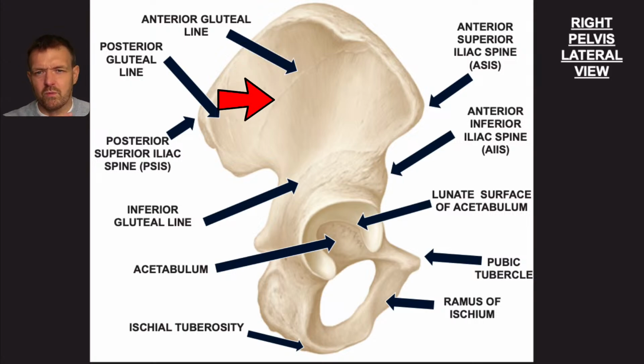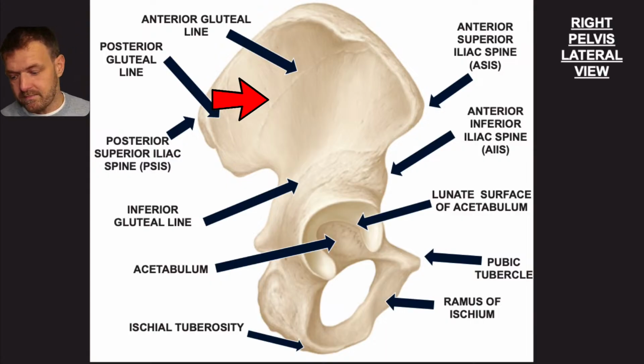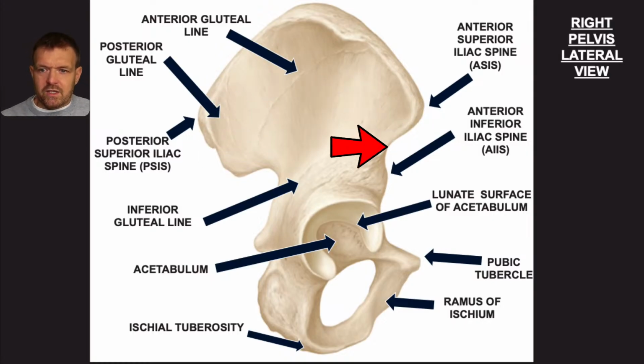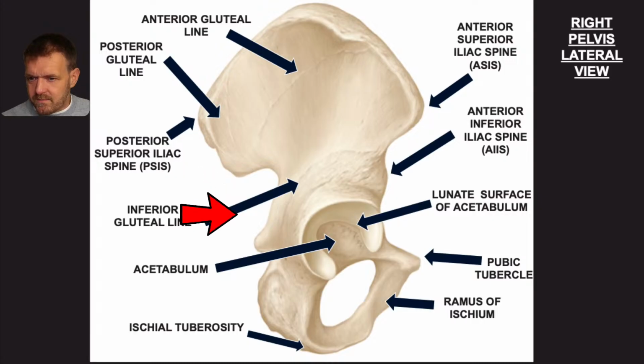And we'll talk about referred pain another time, but you can get referrals from this area that mimic radiculopathy problems, so problems to do with the nerve root. Yeah, so some kind of radiculopathy. So then we've got inferior gluteal line just here.